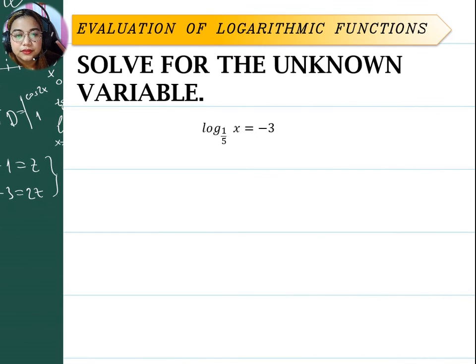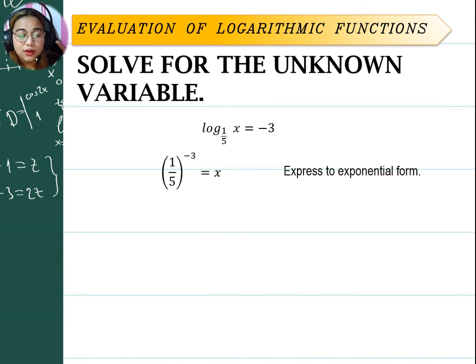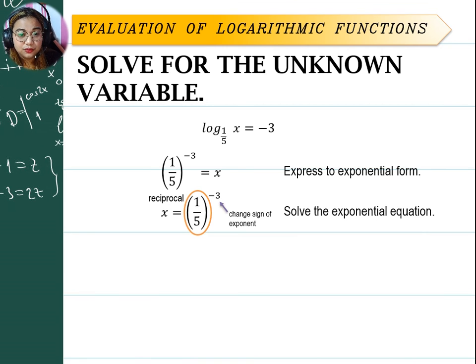Okay, one more. Logarithmic of x base 1/5 is equal to negative 3. So, gawin lang natin siyang exponential form. We have 1 over 5 raised to negative 3 is equal to x. So, solve lang natin. X is equal to 1 over 5 raised to negative 3. By the way, if you still remember, we have to get the reciprocal since yung sign ng ating exponent ay negative. So, kunin lang natin yung reciprocal.